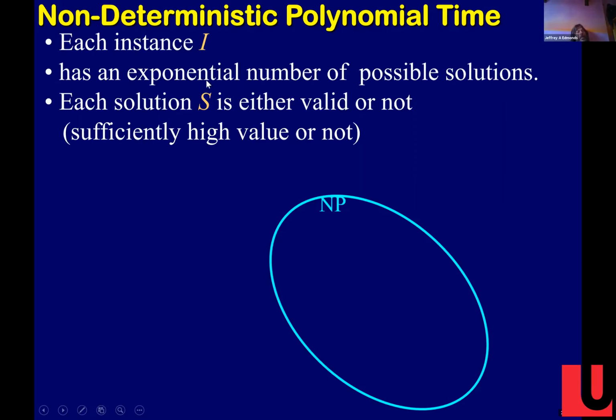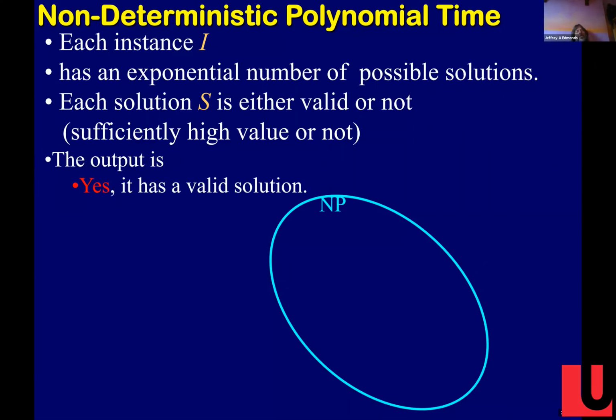For example, a solution is an assignment. It either satisfies the circuit or it doesn't satisfy the circuit, right? And what is our goal? Our goal is, given an input, we say yes if it has a valid solution, and we say no if it doesn't.